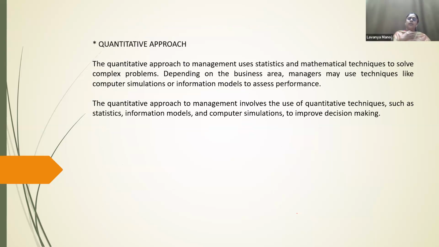So based on the data available from previous events and decisions taken by the management previously in the organization, or the profit the organization has already made, the productivity rate, everything is taken into consideration. A few mathematical calculations are done either by the system or by an analyst. They are called business analysts.